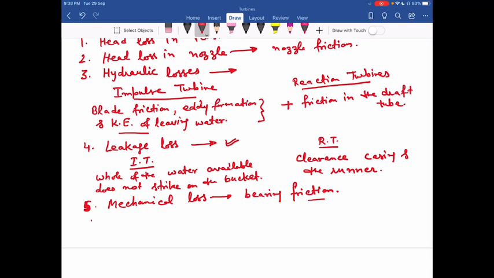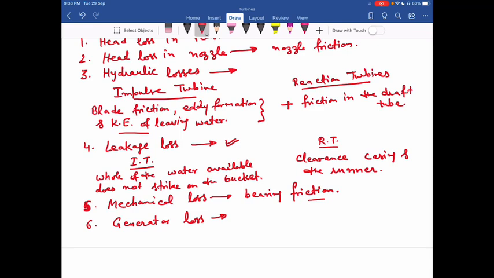Then one more type of loss is the generator loss. Ultimately you have to produce electricity from the generator or alternator.